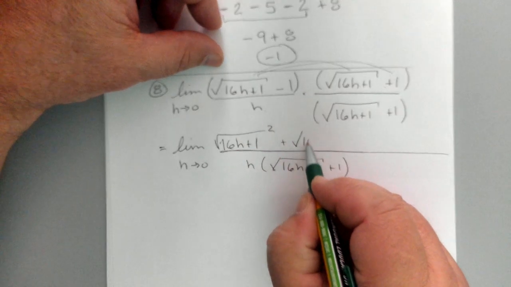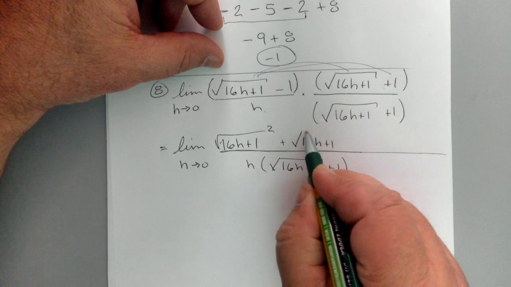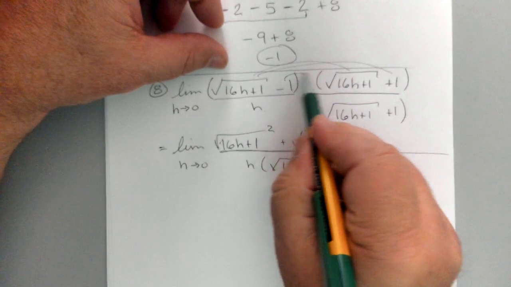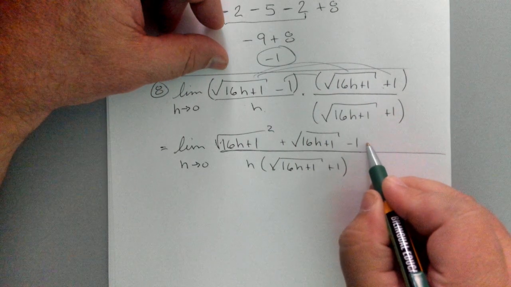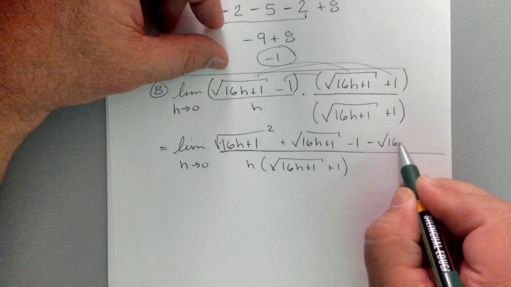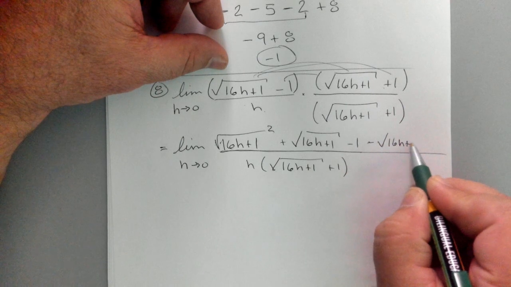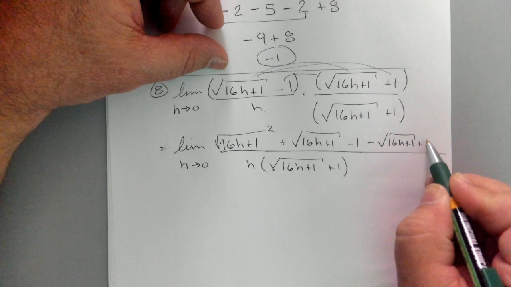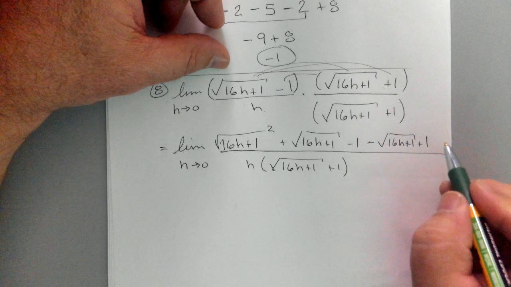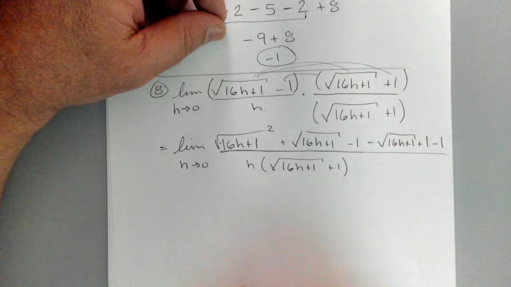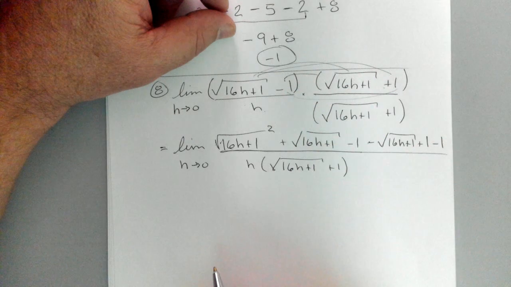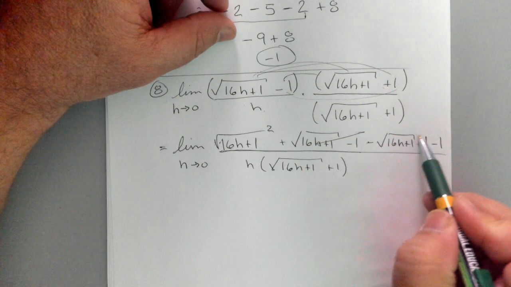There's 1, 16h plus 1 minus 1. Minus 16h plus 1, minus 1, minus 1. Which is the last ones. Middle two terms cancel.